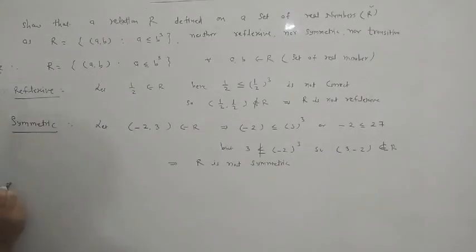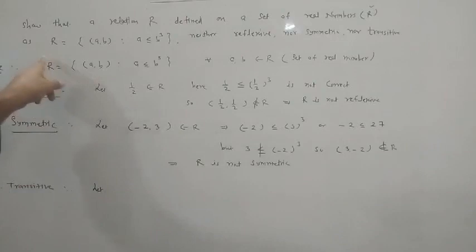Transitive. For proving transitivity, we have to take two consecutive pairs from our relation.